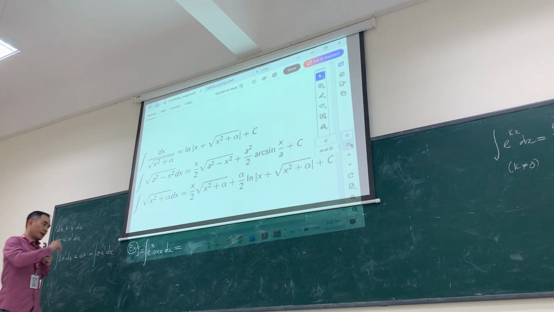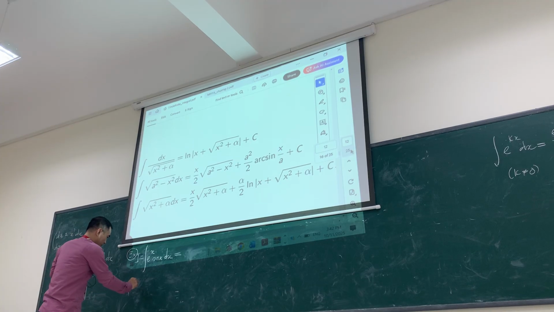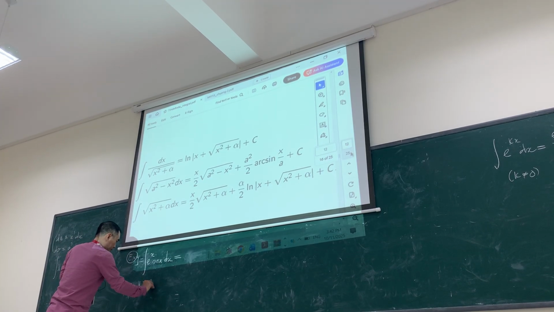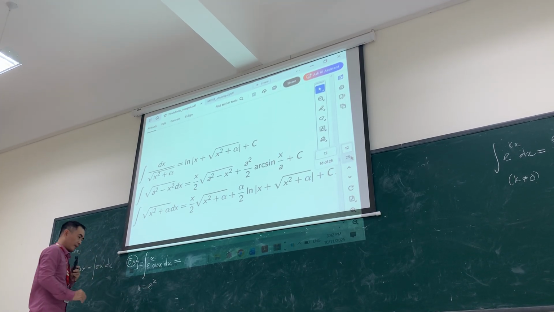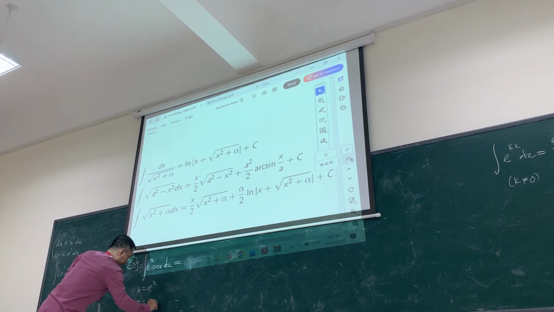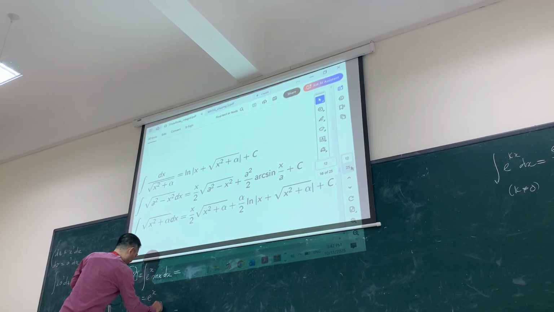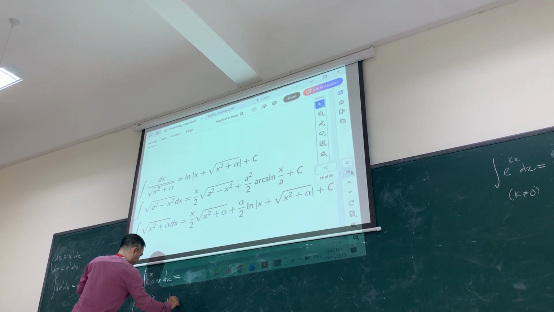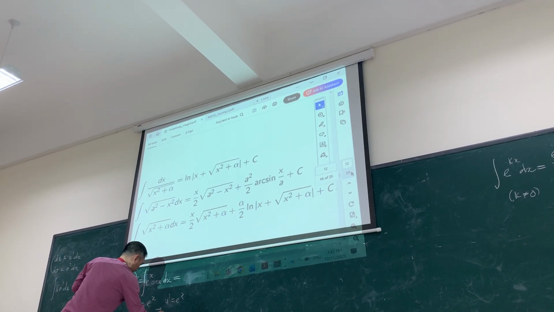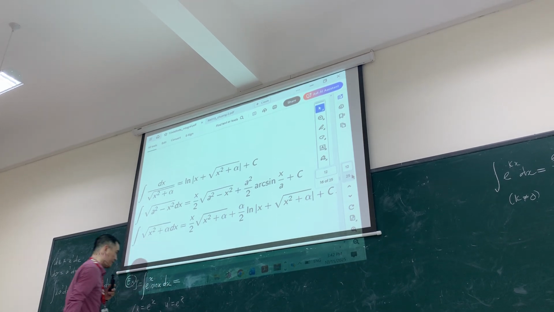Okay. Now, in the first integration by parts, we choose u equal exponential, v prime equals sin x. Okay, here we have u prime equal exponential, v equal minus cosine x.